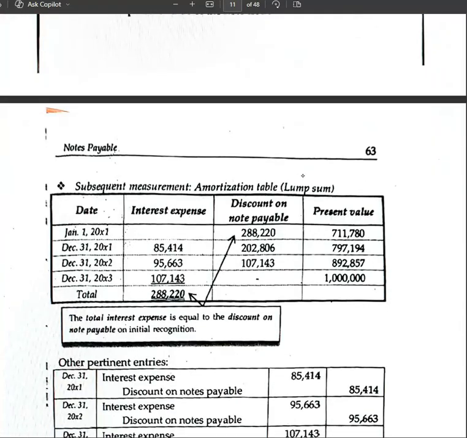Okay, now the next procedure step that you need to do, para for the subsequent na mga entries after the initial entries, is kailangan mo magkaroon ng amortization table. Dapat ka talagang marunong paano ang computation or preparation ng amortization table. At first, it has to start at the present value, 711,780. Okay? I hope that you get that.